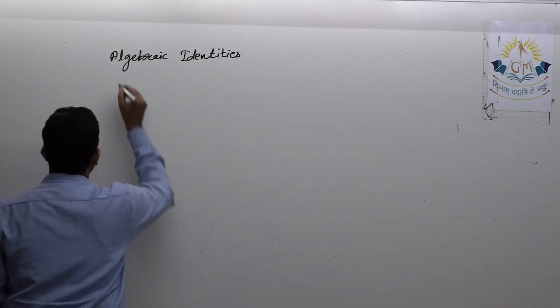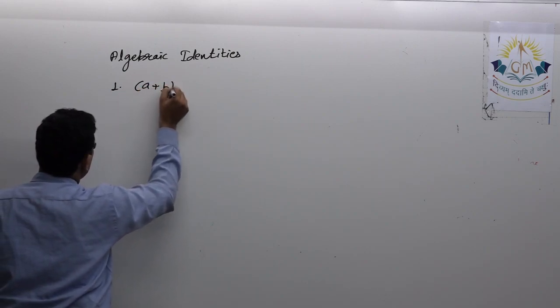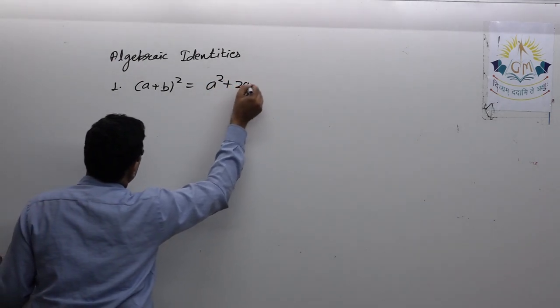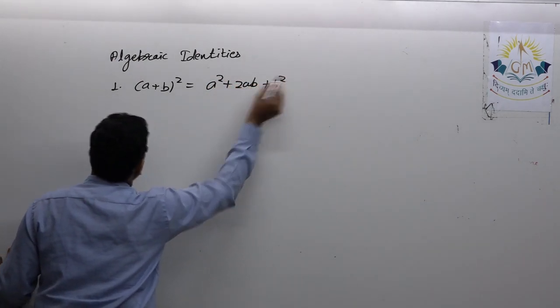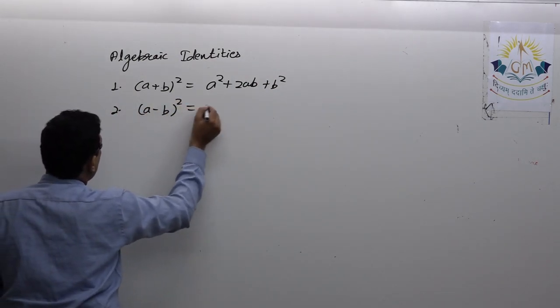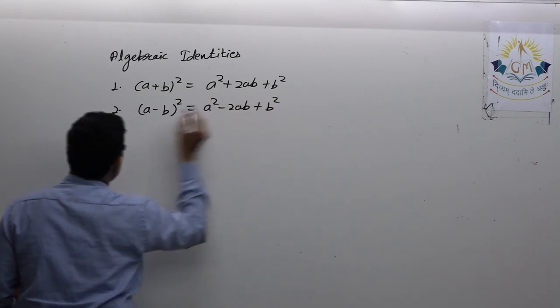So, the very first identity that you might have learned from class 8th. a plus b whole square, that is a square plus 2ab plus b square. Second is a minus b whole square, that is a square minus 2ab plus b square.